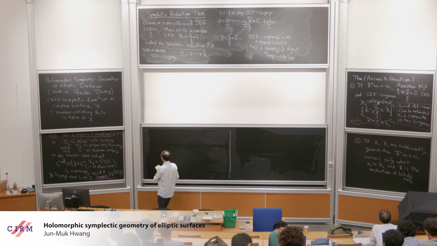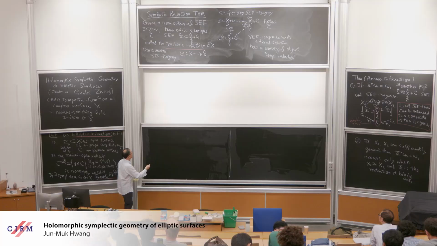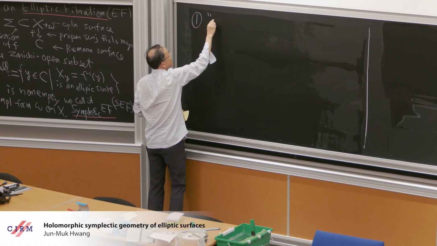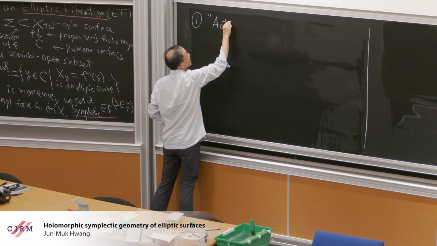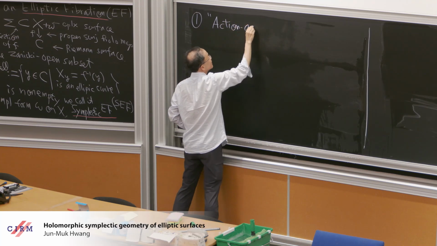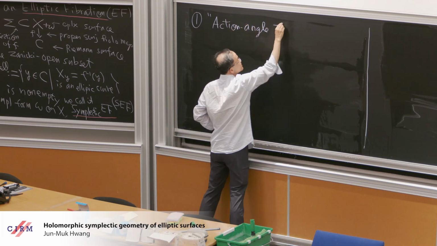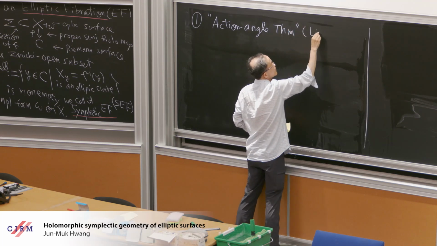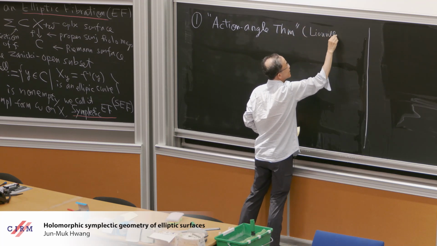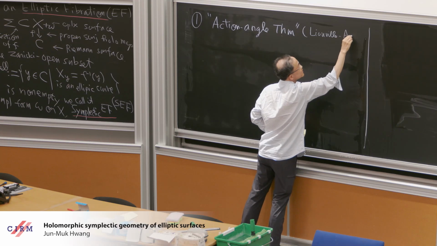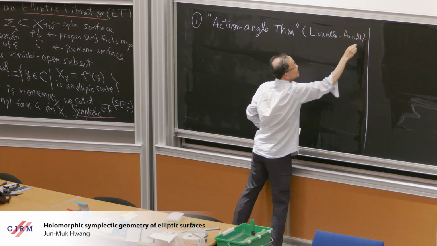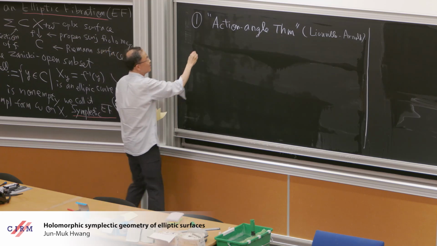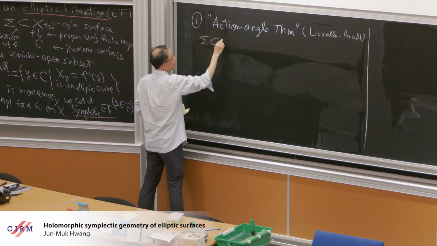There are a few concepts, but I think the most important one is what's called the action-angle theorem, which is very classical, maybe due to Liouville. I don't know exactly who. Sometimes people call it the Arnold-Liouville theorem, Liouville-Arnold theorem.